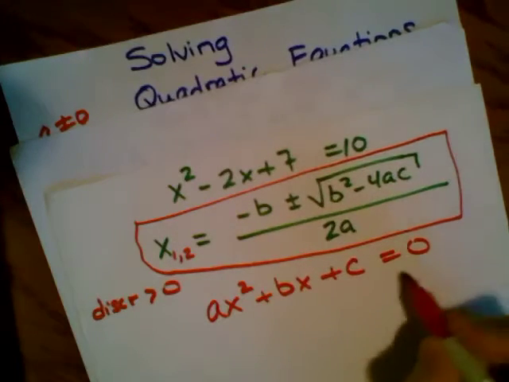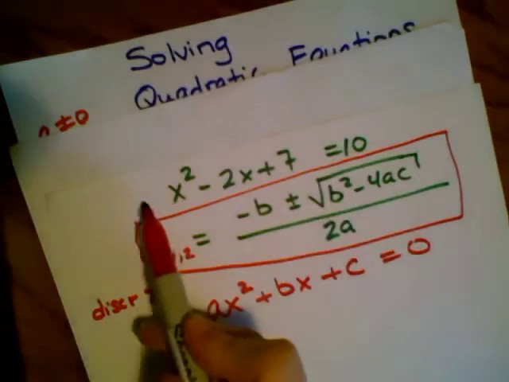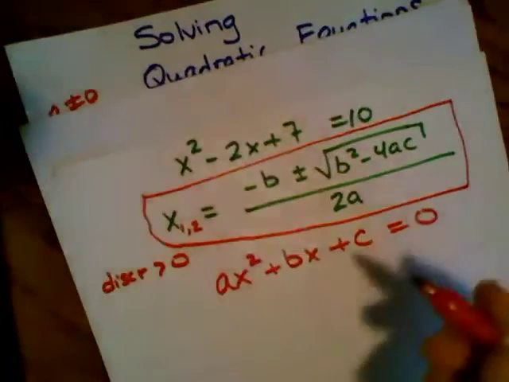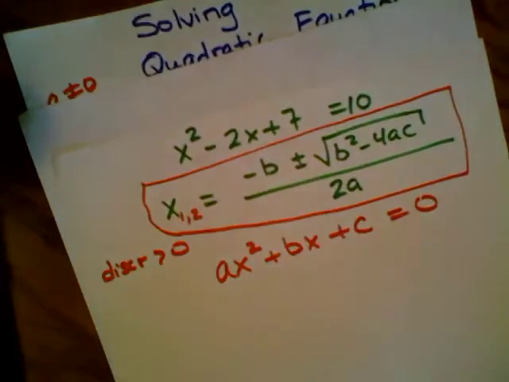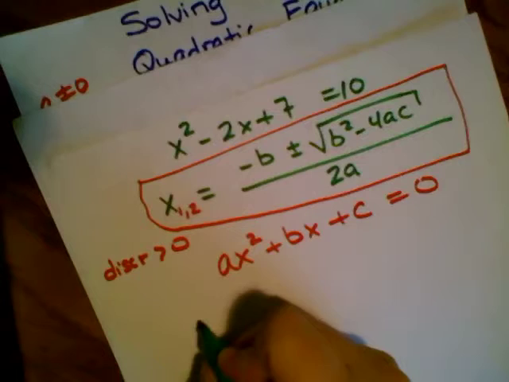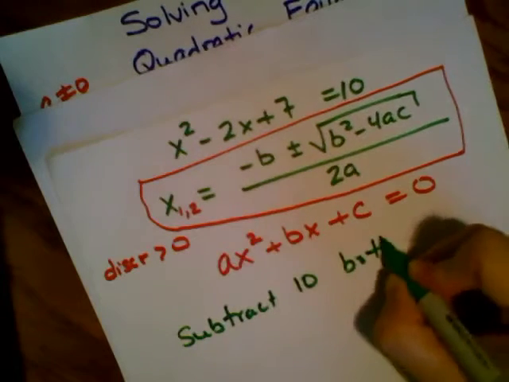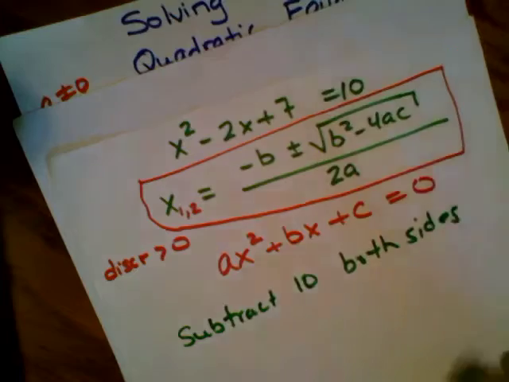So one of the sides of the equation has to be 0, and in this example we're not there. So just like strategy 1, the first thing we're going to do is subtract 10 from both sides of the equation.